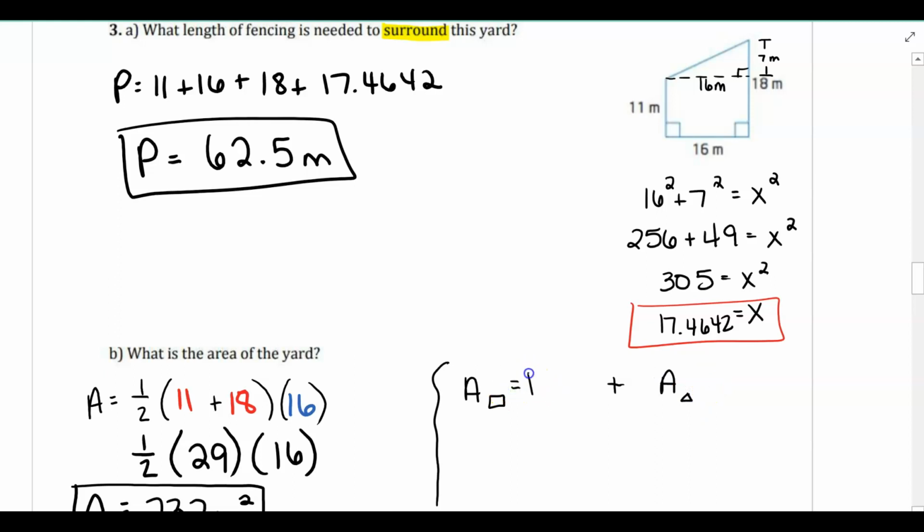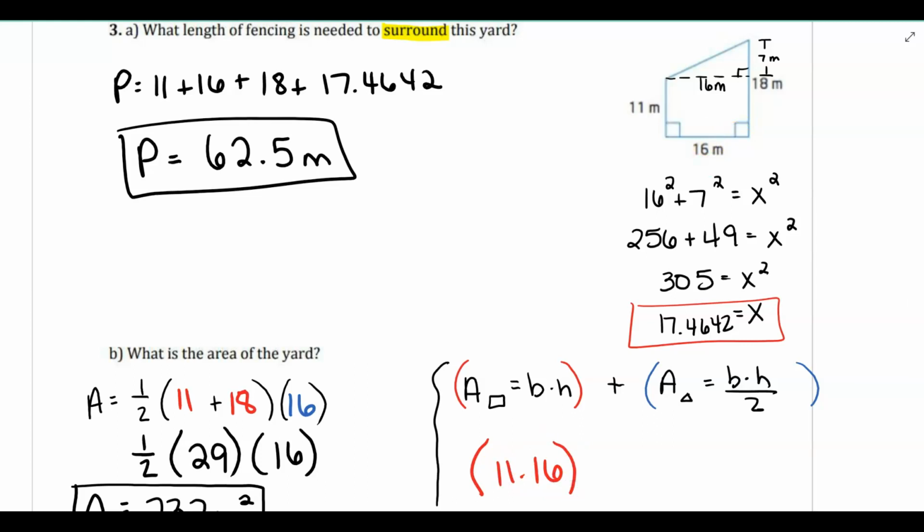The area of the rectangle is base times height. Area of the triangle is base times height divided by 2. Okay, the dimensions of my rectangle are 11 and 16.